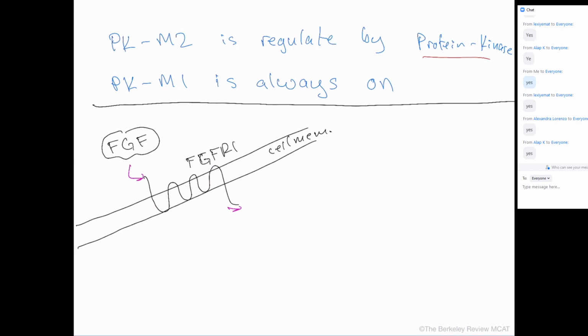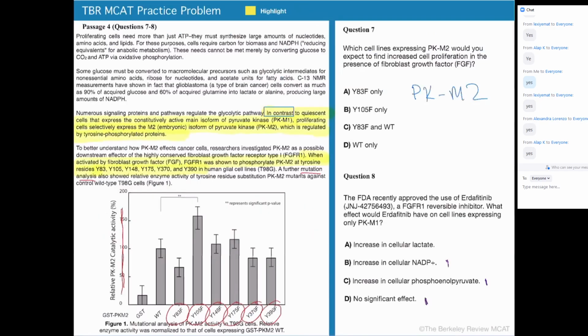So we'll get this phosphorylation of this protein kinase protein, which just happens to be pyruvate kinase in this case.